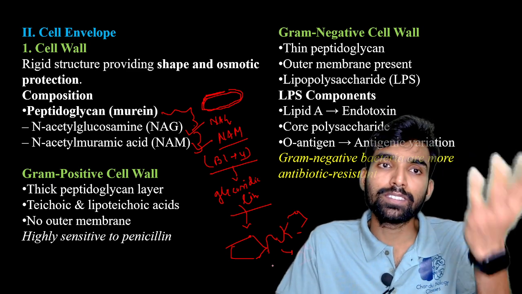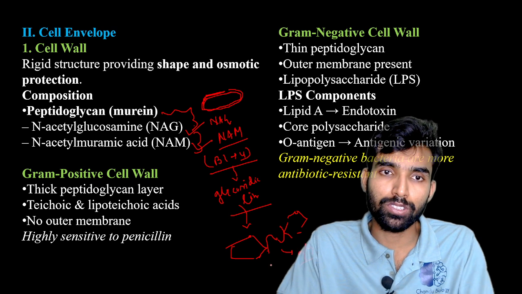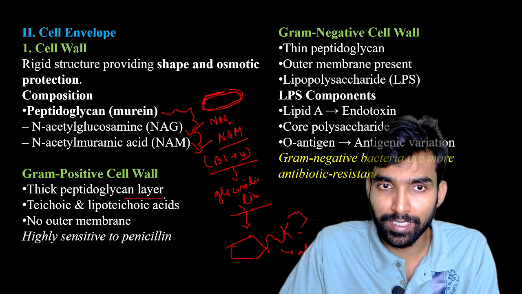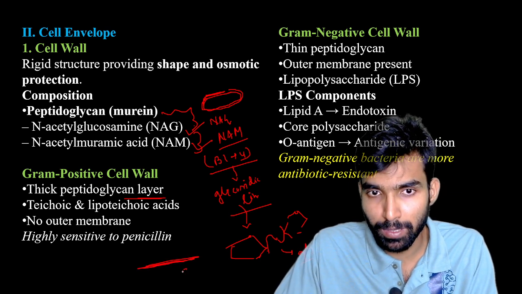Based on this cell wall, we can divide bacteria into two types, gram positive and gram negative. In gram positive, remember the peptidoglycan is thick, and there is only one cell membrane.